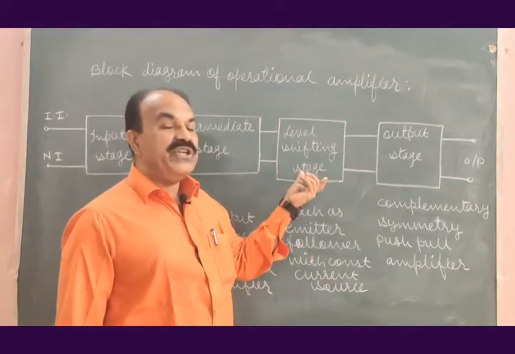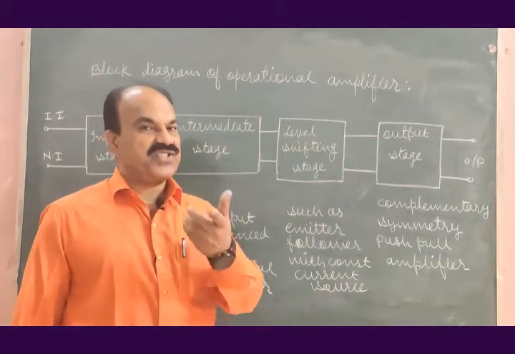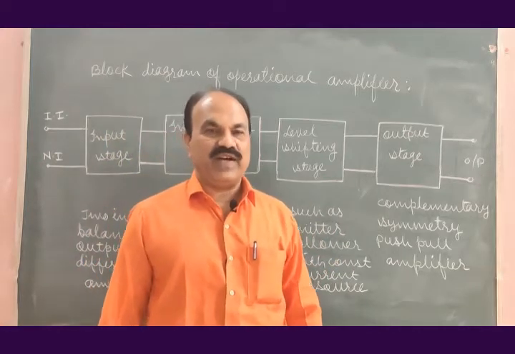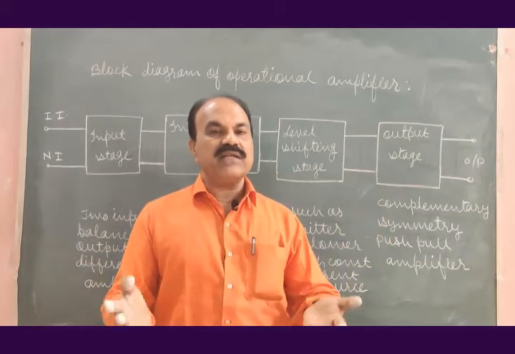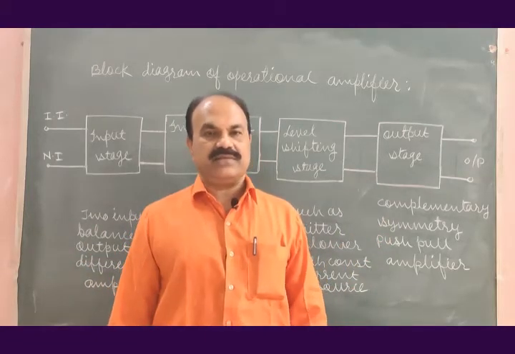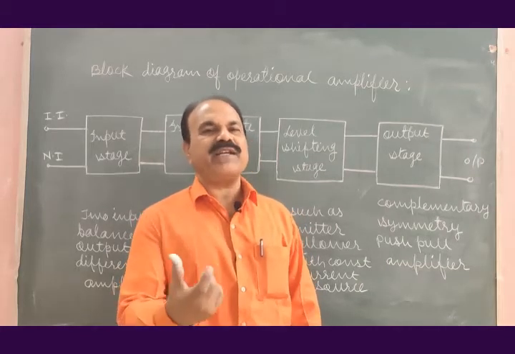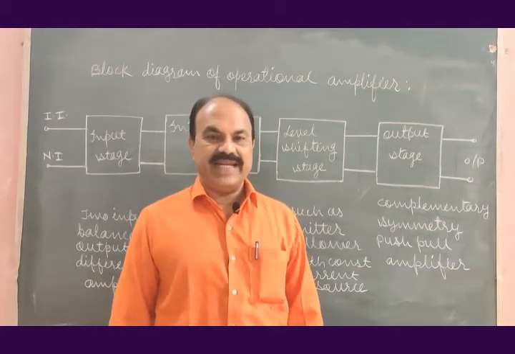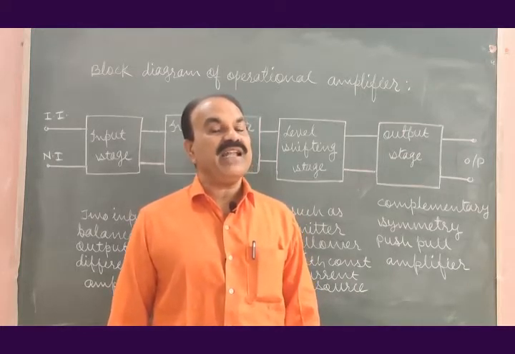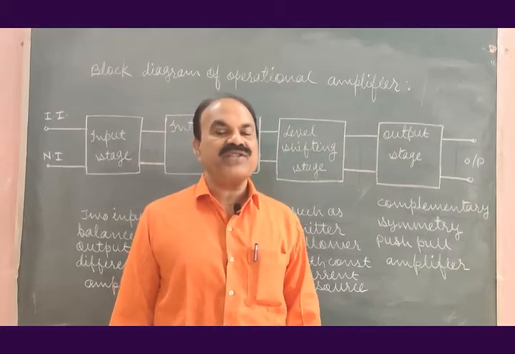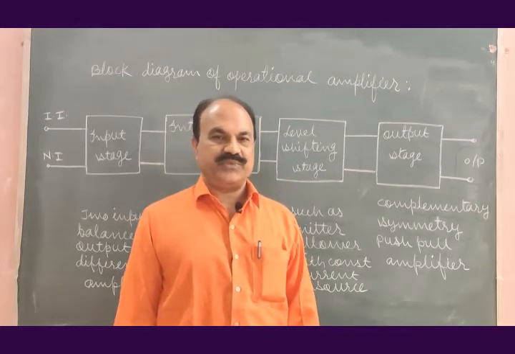And here emitter followers are used. We have discussed emitter follower amplifier, the common collector amplifier: voltage gain is less than 1, approximately equal to 1, input impedance very large, output impedance very small, tending to 0.